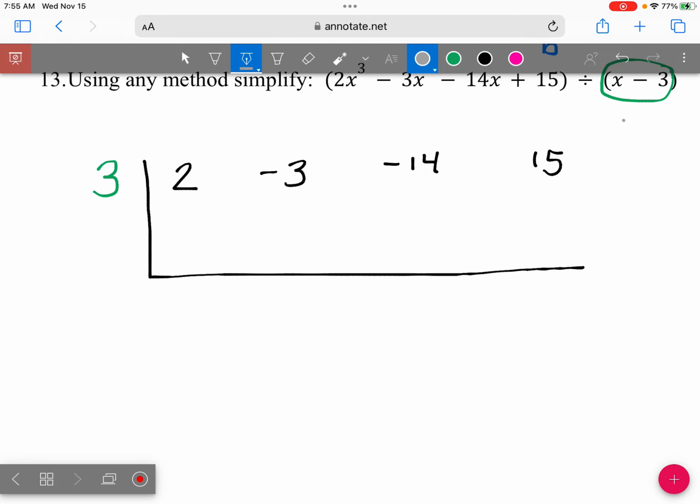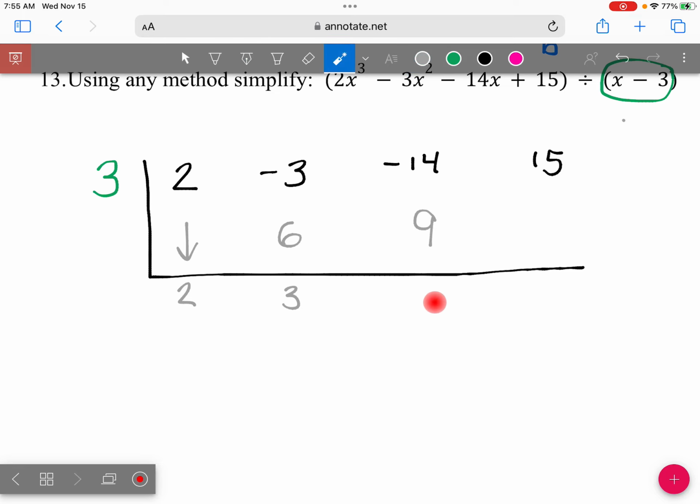What happens first? Bring down the 2. What next? What goes here? 6. What goes here? 3. What goes here? 9.